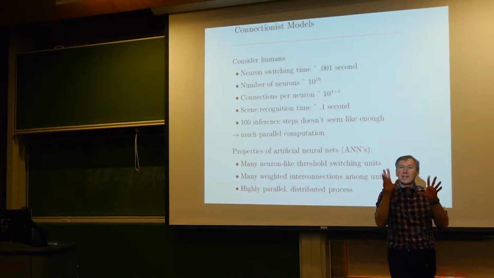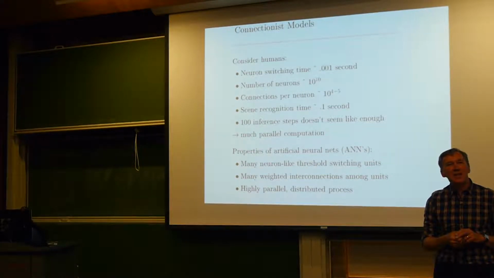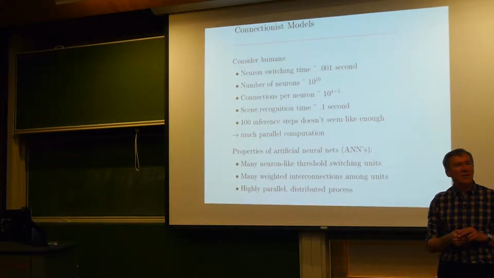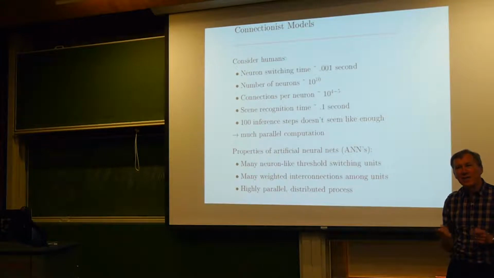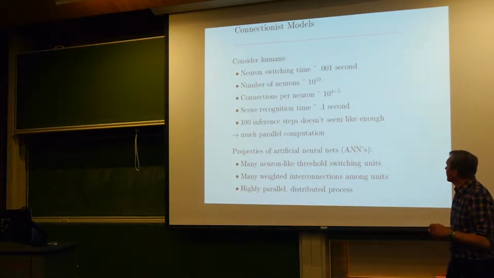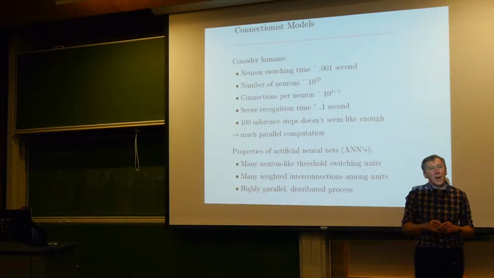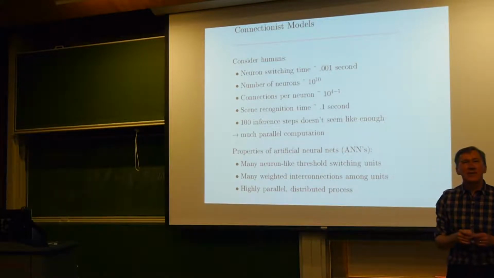And if your mother walks into the room, or I show you a picture and your mother is in there, it takes you about 1/10 of a second. That's about as fast as you can recognize your mother or anything that you're familiar with. Therefore, by simple arithmetic, you recognize your mother with 100 inference steps.